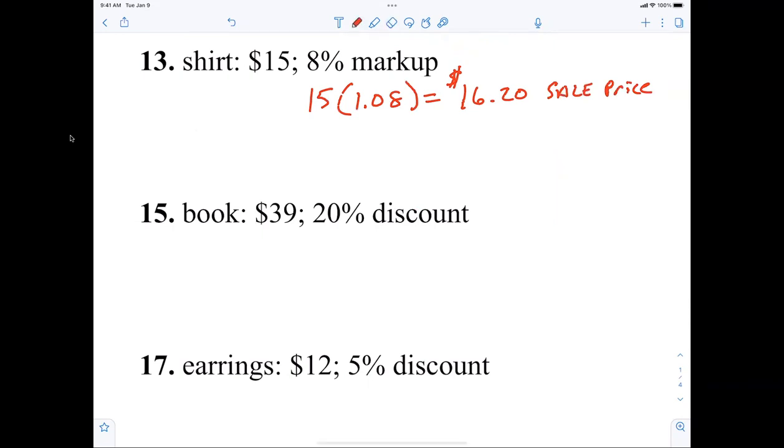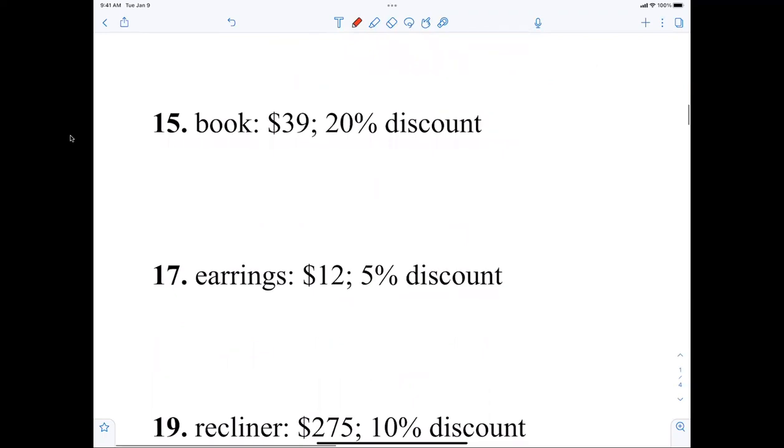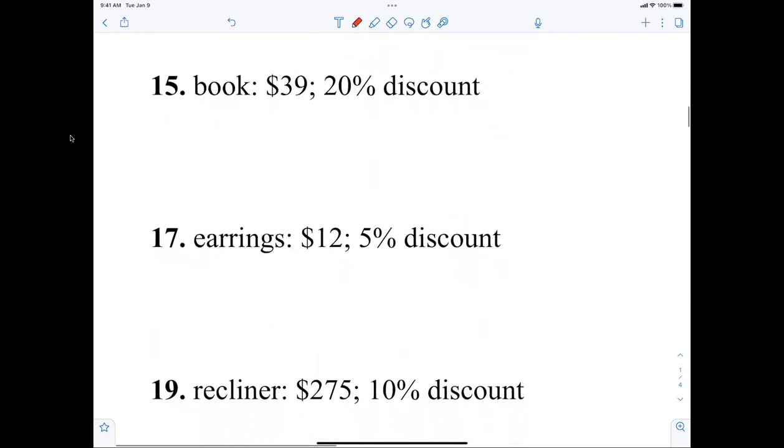Okay, now my next person, 15, Sadie. So I have a 20% discount. So instead of paying 100%, I have to pay what? 80%. Now, how do I write 80% as a decimal? Do you remember? 0.8.